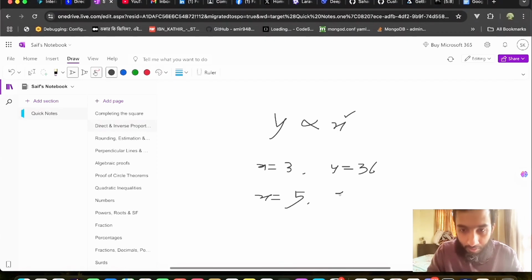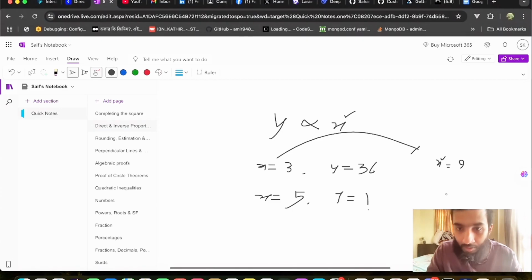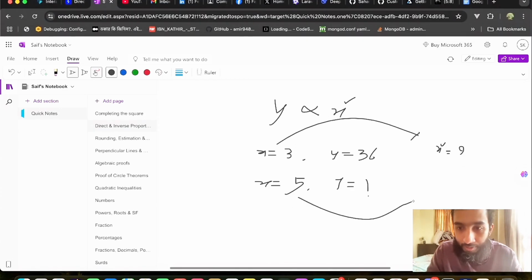When x is 3, x square is 9, and when x is 5, x square is 5 square, which is 25.